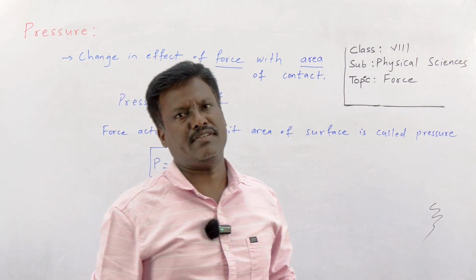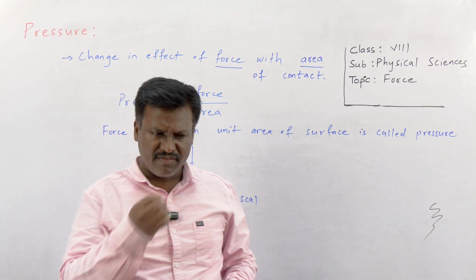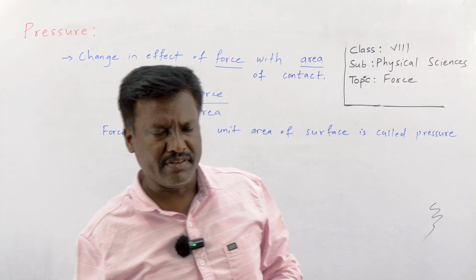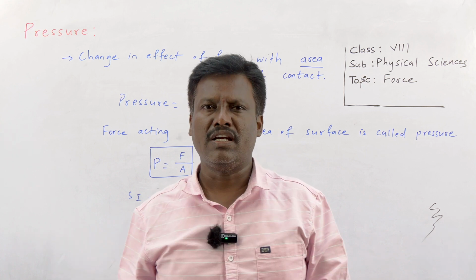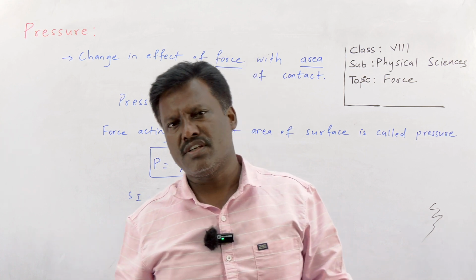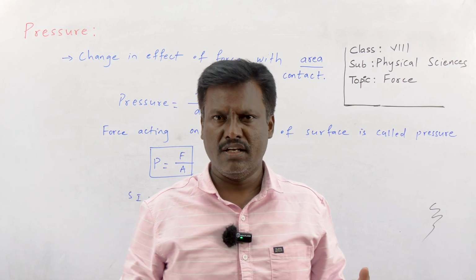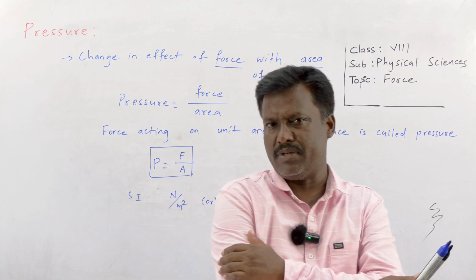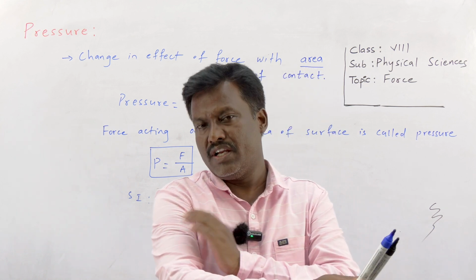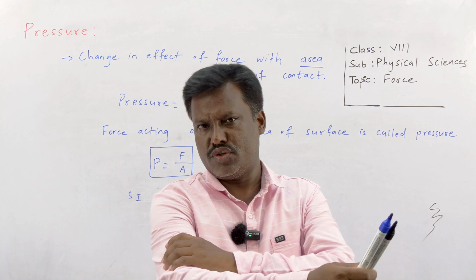We feel air pressure. Another example: whenever we become sick, we go to meet the doctor. The doctor usually measures blood pressure and also temperature, right? When he measures the blood pressure with the help of a sphygmomanometer, he ties the cuff around our shoulder.